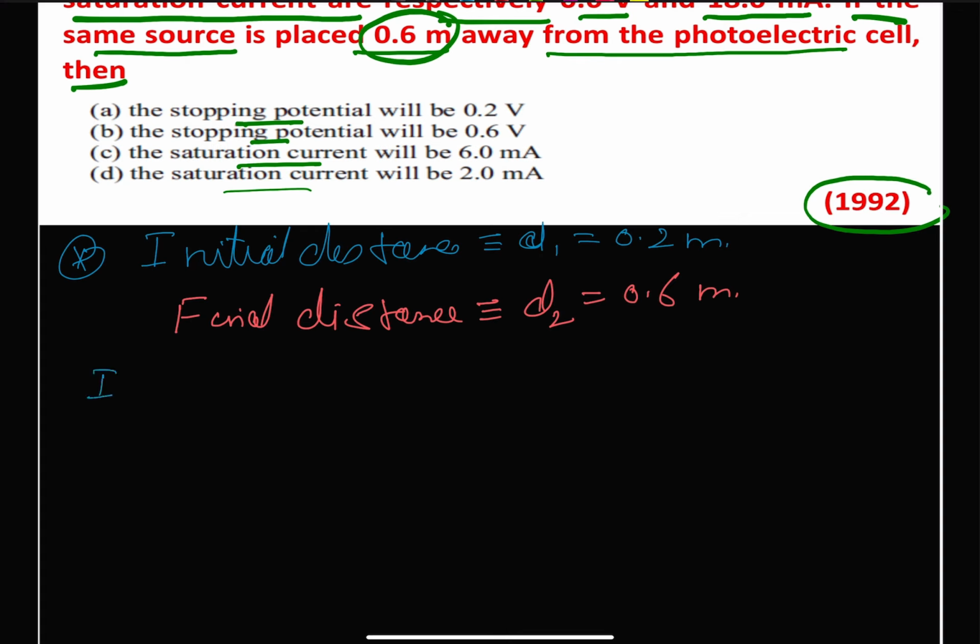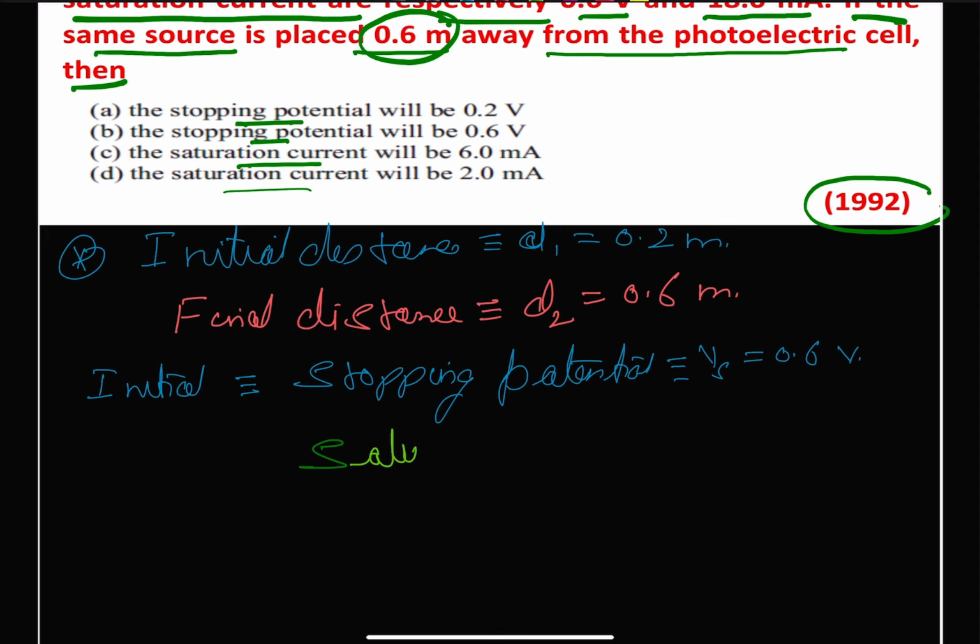So we are given the initial stopping potential, let us suppose Vs, 0.4 volt, and we have our saturation current, let us call this Is, which will be equal to 18 milliampere.